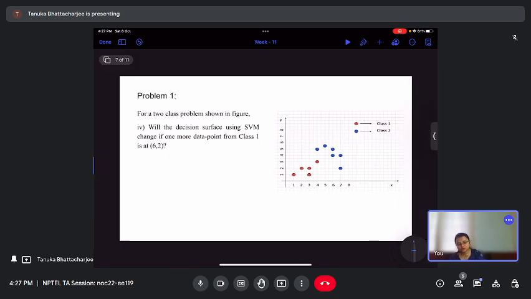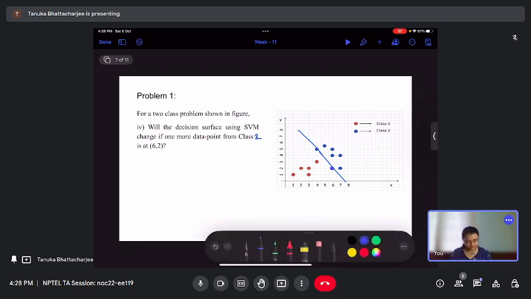Now, let us say we have the data point at 6, 2, which is over here. In this case, you see you have got one more data point that is now at the boundary. So, now the boundary for the blue class is this, passing through the new point.